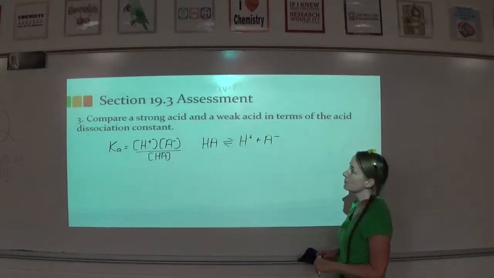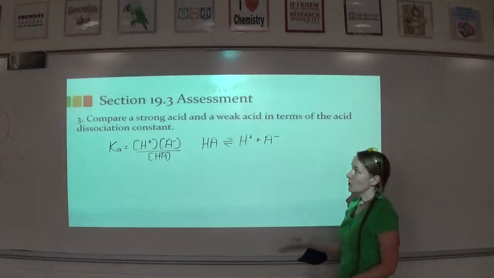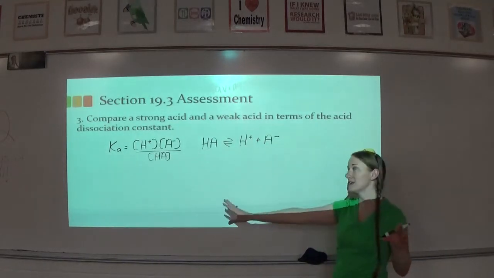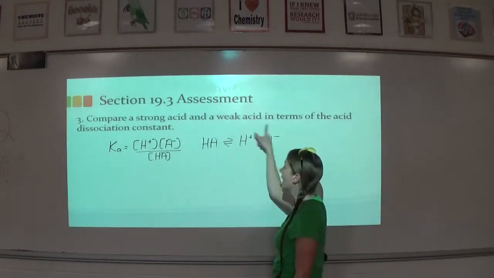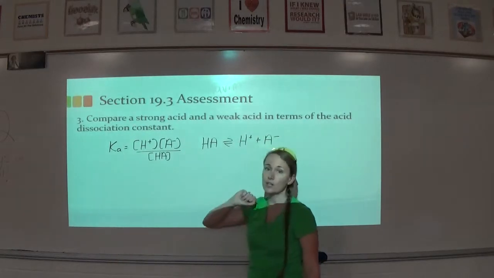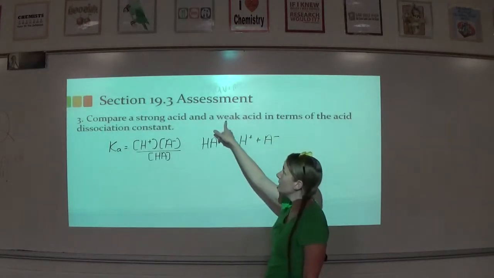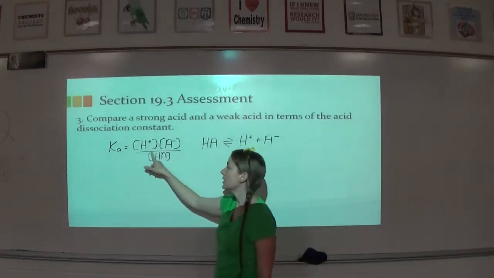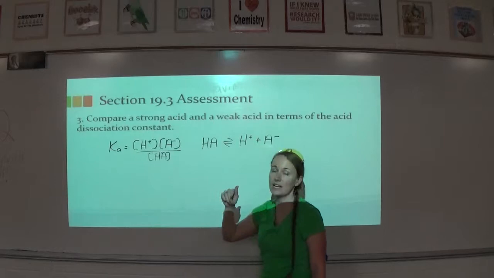Okay, so it's products over reactants. So a strong acid would have more ions because remember, a strong acid breaks up more. So if you have more ions, that's a bigger numerator, so it would be a bigger number. A weak acid, on the other hand, has more that did not break up. Well, because your acid is in the denominator, that would be a lower number.